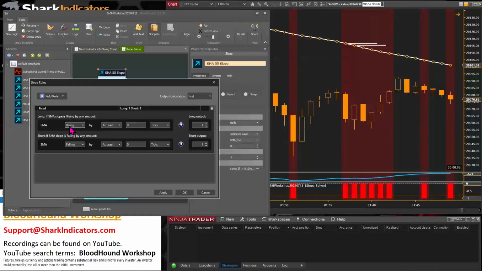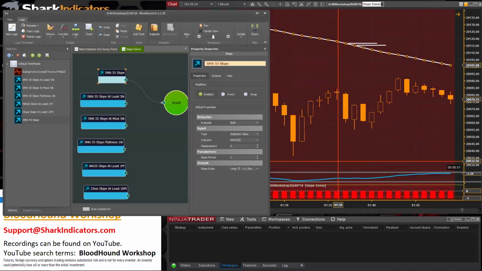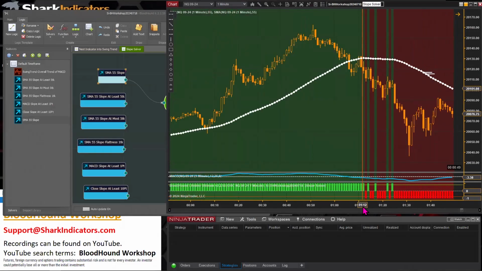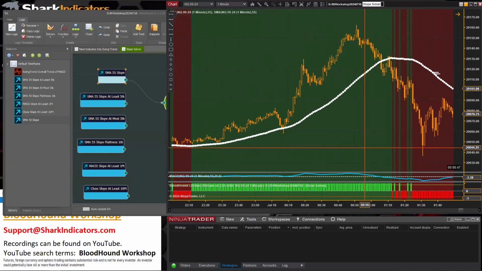But anyway, this is the default setting for the slope solver, checking to see if it's rising by any amount or falling. So if we go to our chart, there you go.